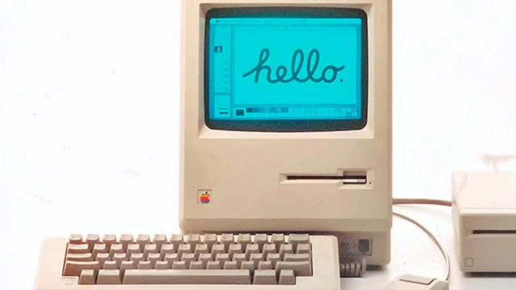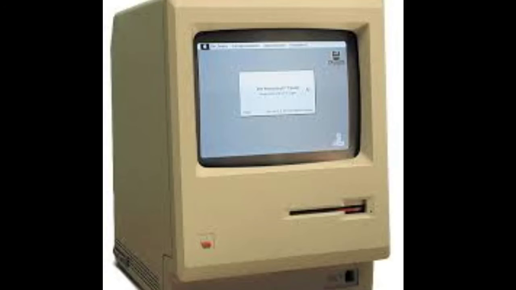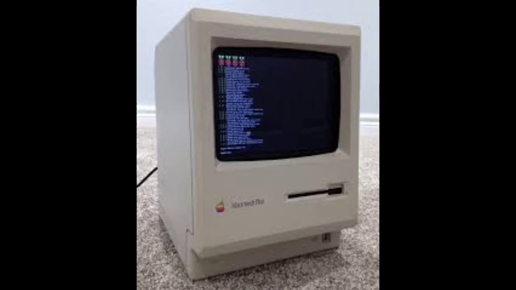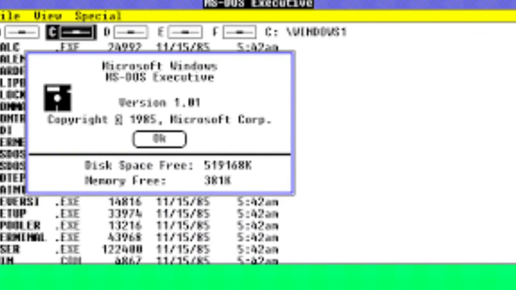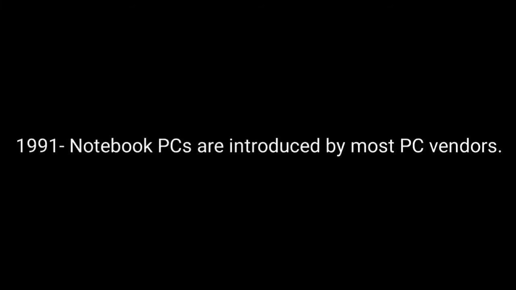In 1984, Apple introduced the Macintosh computer. 1985, Microsoft Windows 1.0 ships. In 1991, notebook PCs are introduced by most PC vendors.